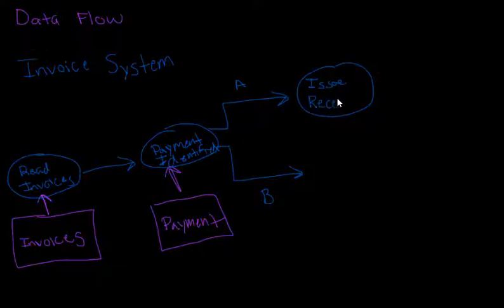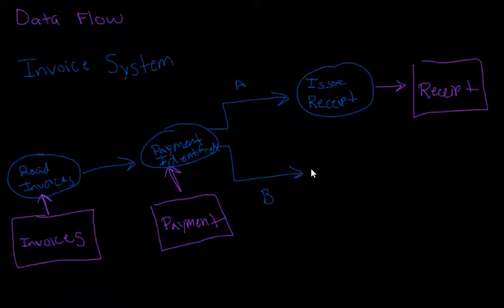So the user can go ahead and say, okay, I paid that off, and the system's just confirming it. So that's going to go through what we'll call a receipt function that will send a receipt to the user.